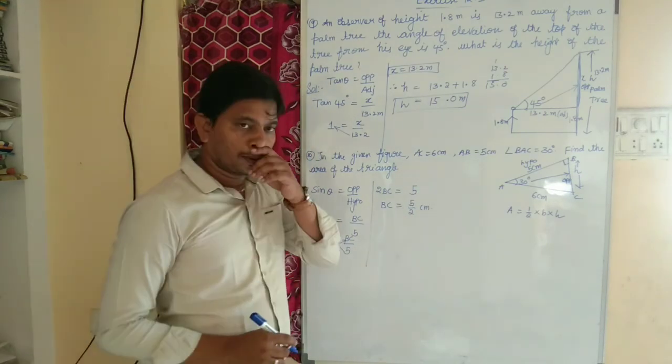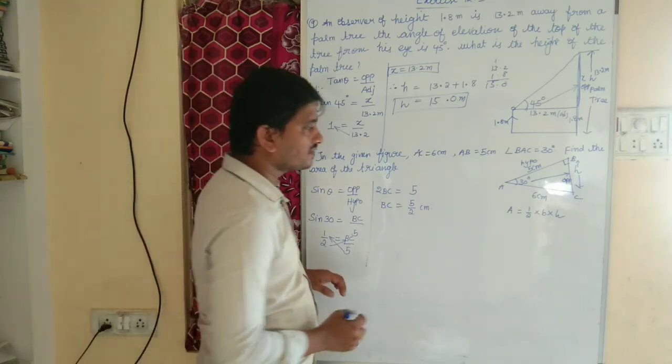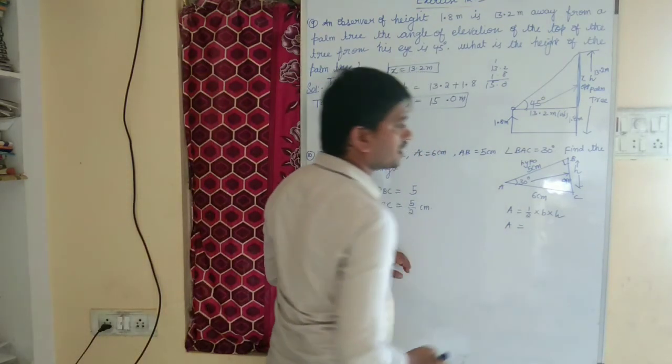Now we got the base also. As we know, area of triangle is half into base into height.